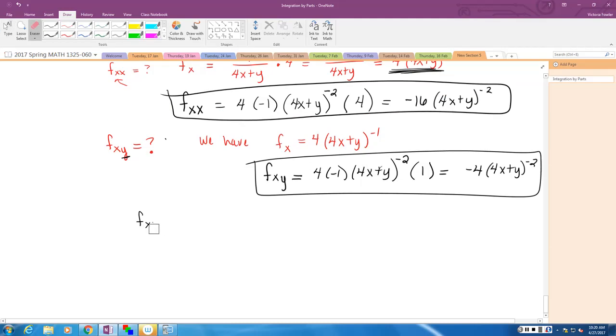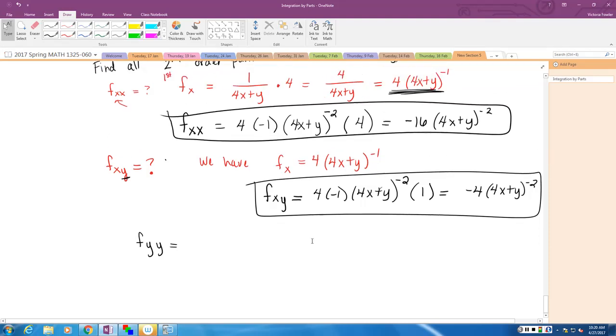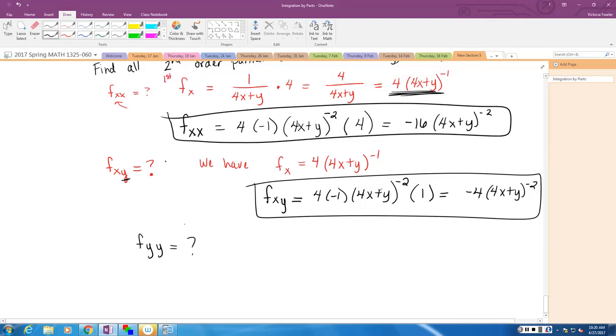Let's find the second order partial derivative of f with respect to y. So what do I need to do first? Yeah, find the first partial derivative with respect to y.